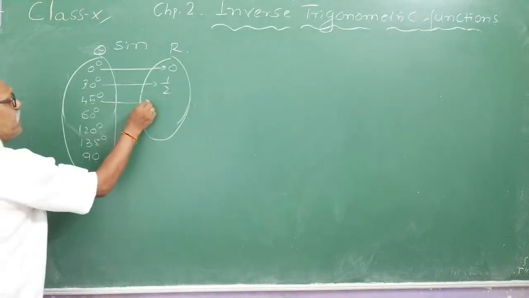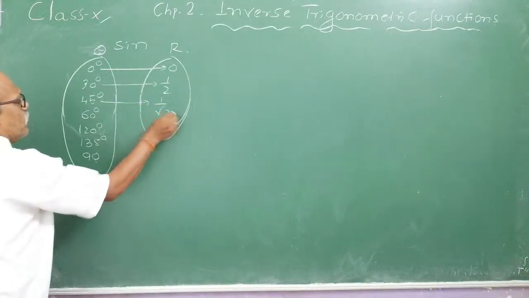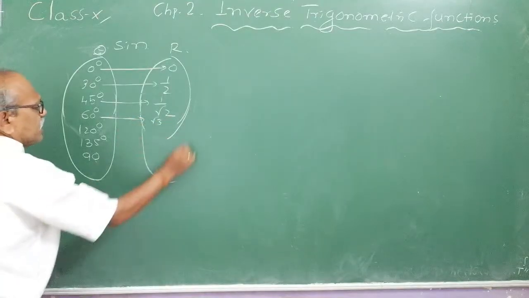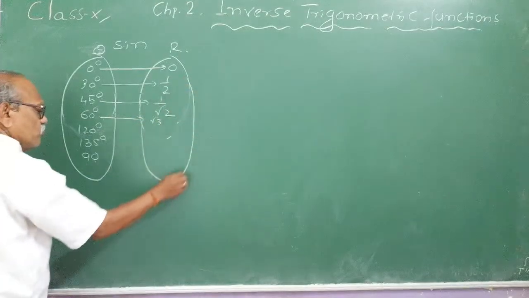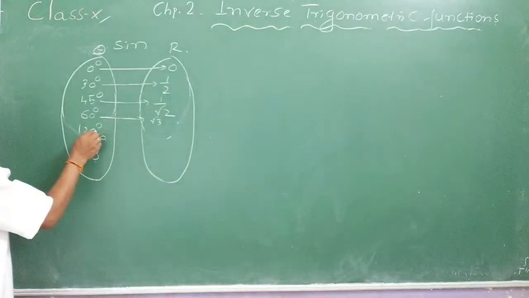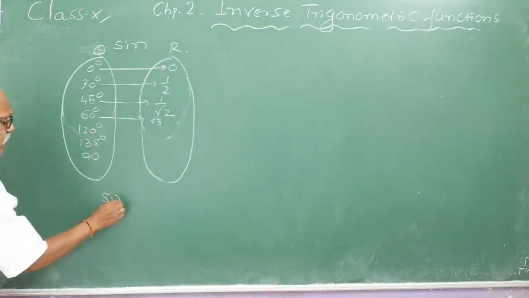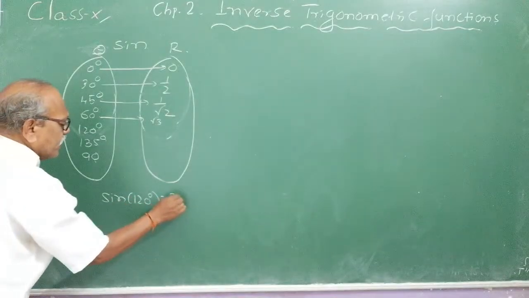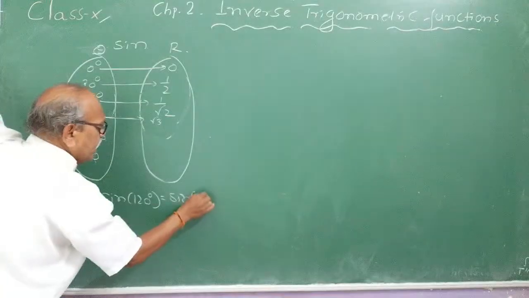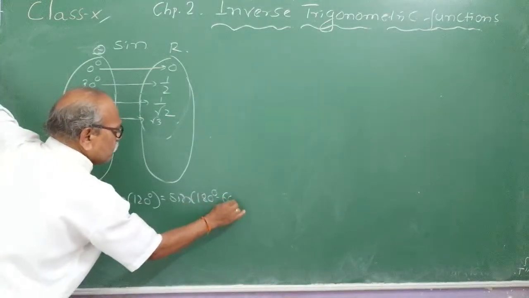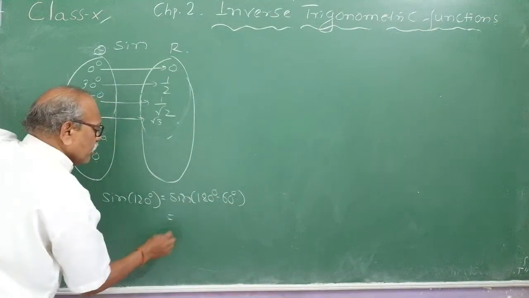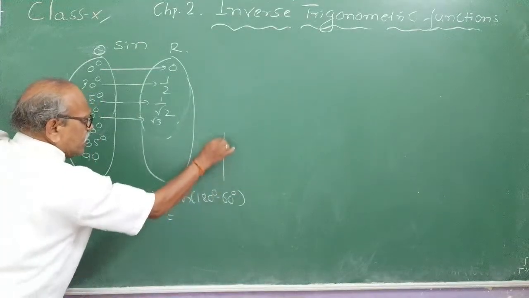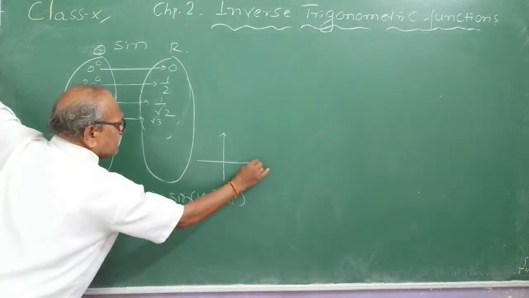Sine 45 degree is 1 by root 2. Sine 60 degree is root 3 by 2. We just study what is the condition for sine 120 degree. What is the value of sine 120 degree in the allied angle? You can write as sine 180 degree minus 60 degree. Means what? In the second quadrant, allied angles, related angles.